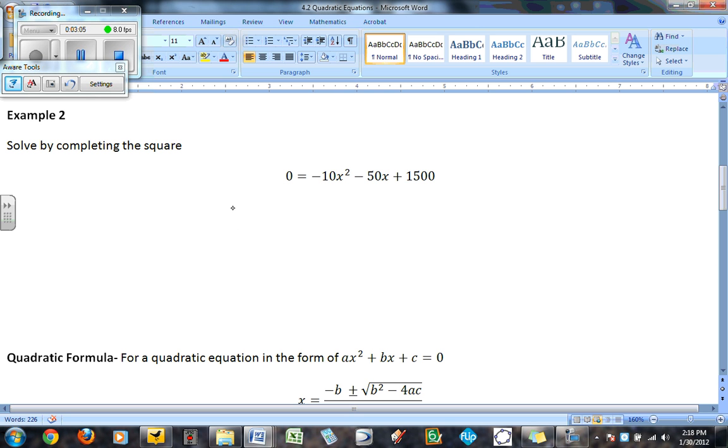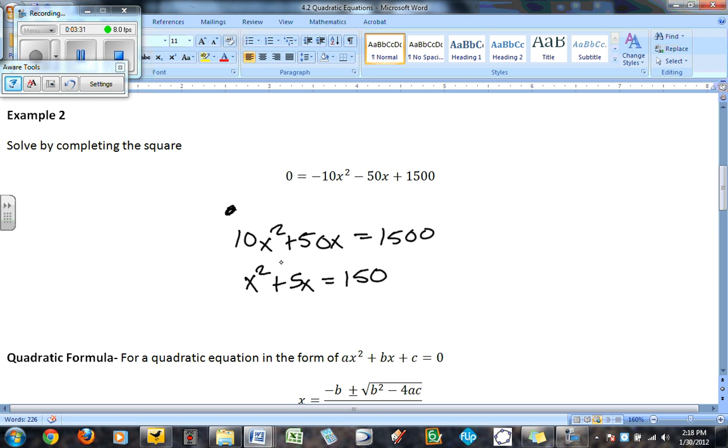So I'm going to have positive 10 x squared plus 50x equals 1500. We could divide a 10 out of each and every one of these and make our numbers a little bit easier. So we're going to have x squared plus 5x equals 150. That might make things easier.